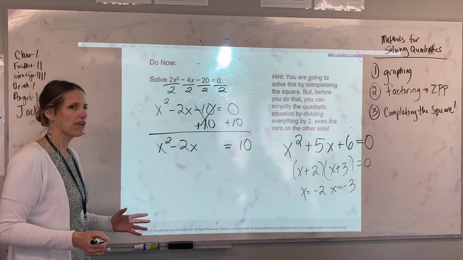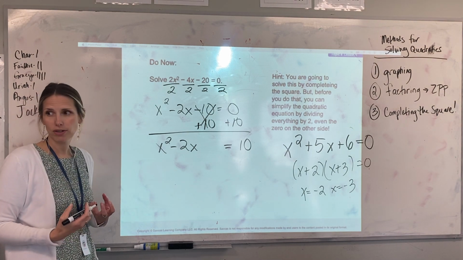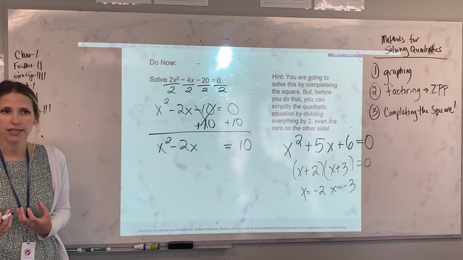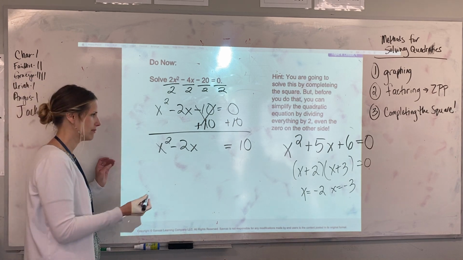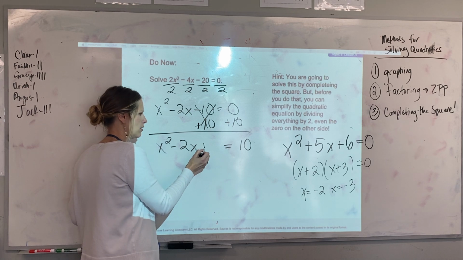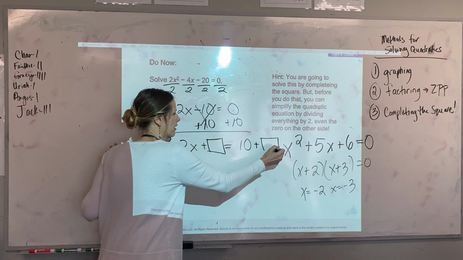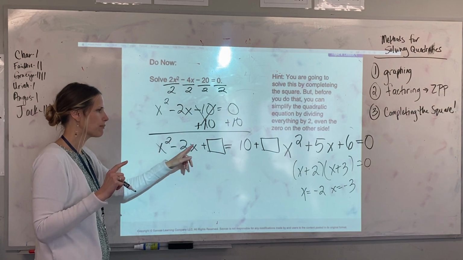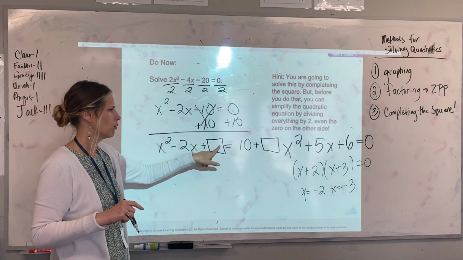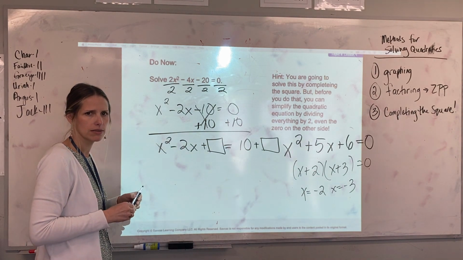Now, if I want to complete this square in order to factor it and have it actually work, first tell me, if I'm going to add something here, why would I also have to add something here?